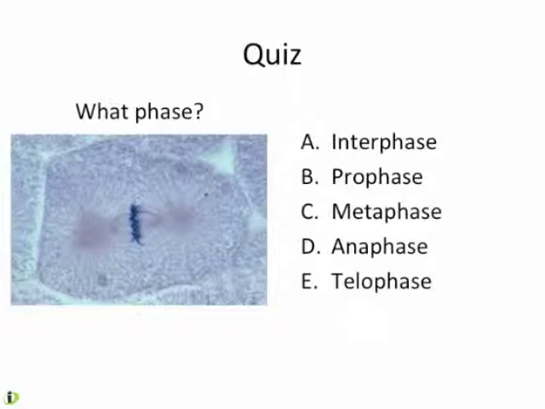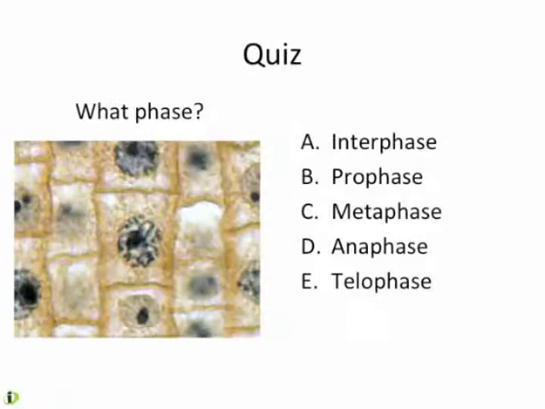How about this one? What might you call this? Yeah, I would call this metaphase. So the dark part there is the chromosomes. It's all lined up right in the center of the cell. Good. You're doing pretty well so far. Okay, here's another one, the one in the center there, very center.